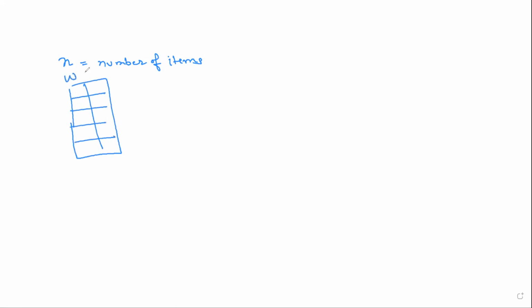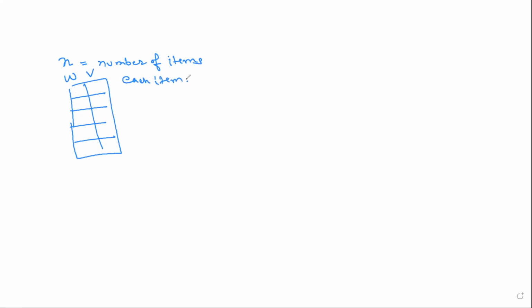The first step is that we need to accept the value of n, which is equal to the number of items. Then we need to accept the weight and value for each item.